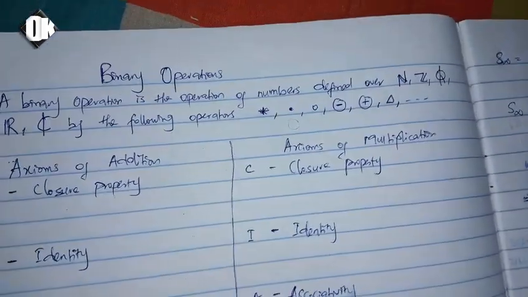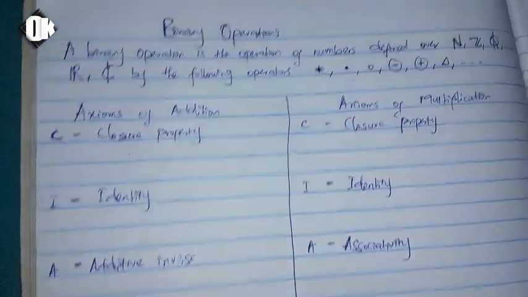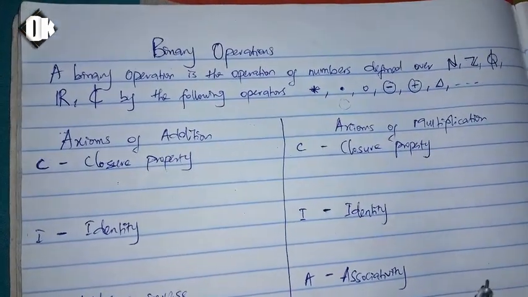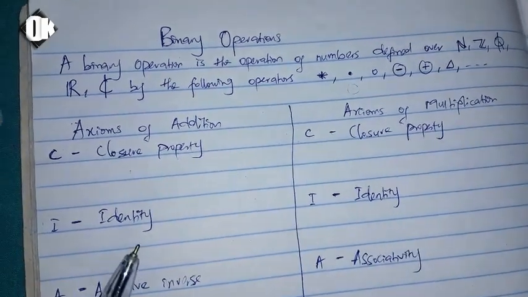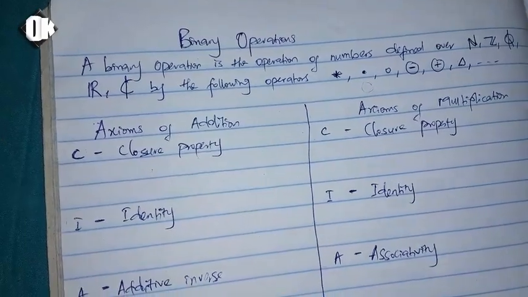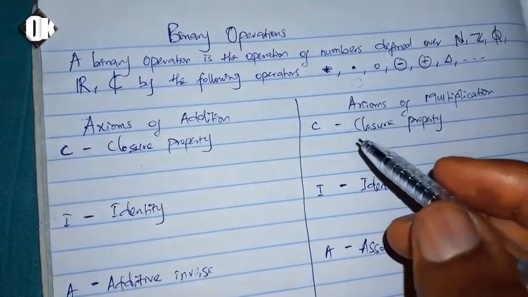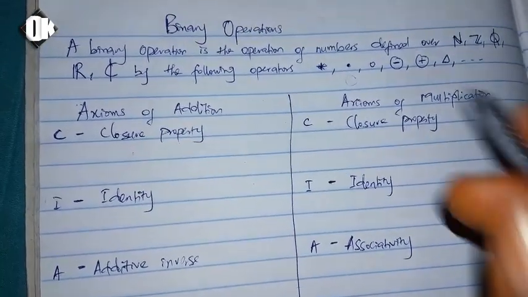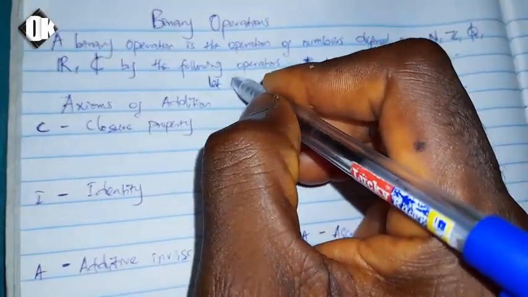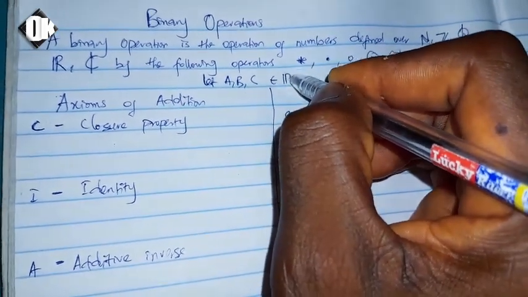Now, these are the axioms. How do we define these axioms with elements of, for example, real numbers? For you to define it, you need to define some real numbers. So from the start I can say let A, B, and C come from the set of real numbers.